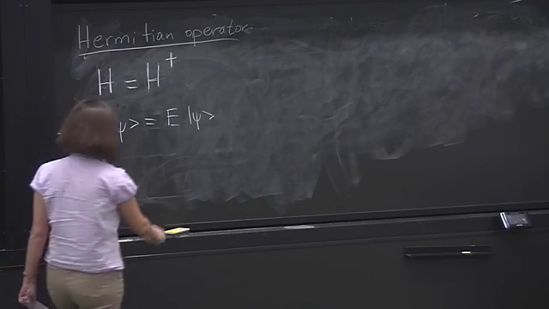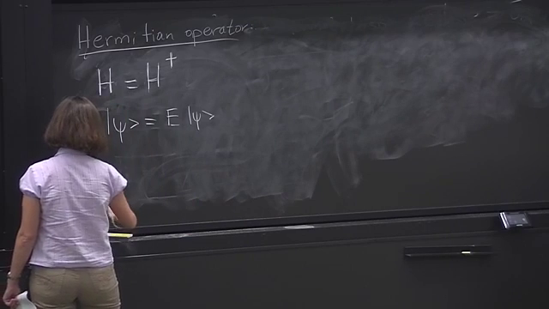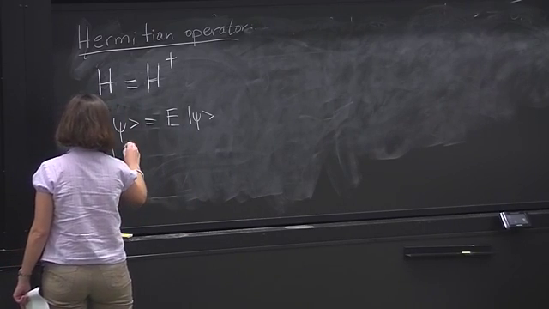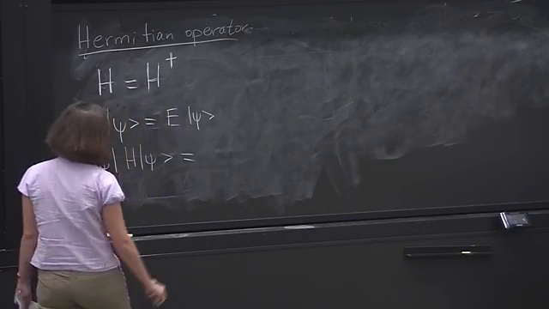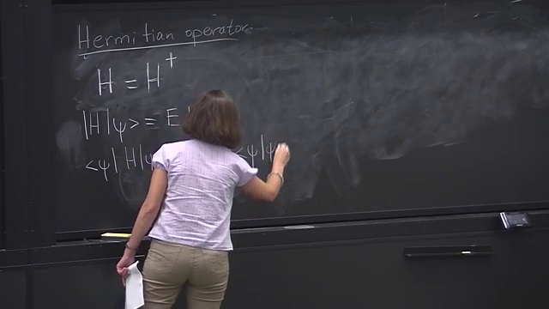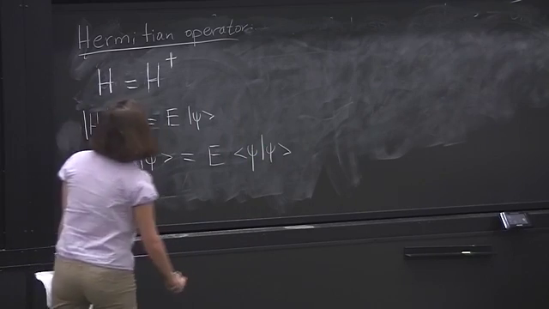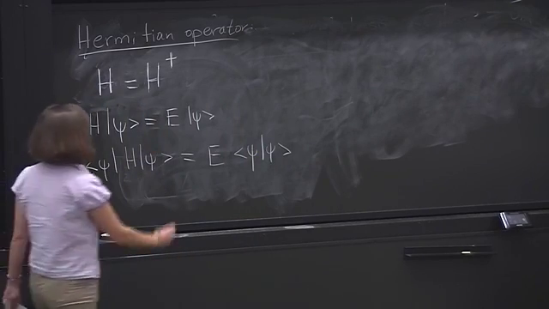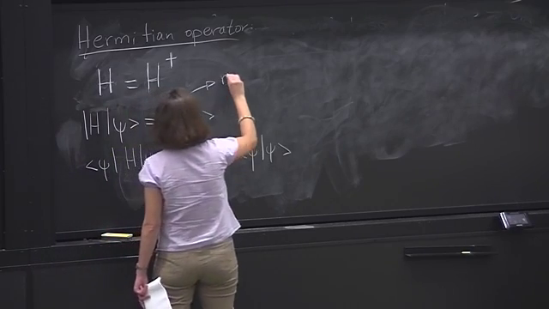We measure this thing. That gives us, of course, E times the scalar product of psi with itself. Now, since this is a physical observable, E has to be a real eigenvalue.